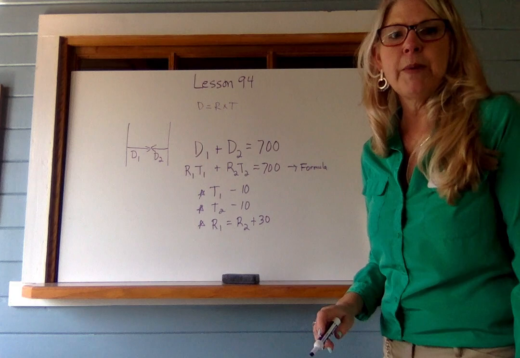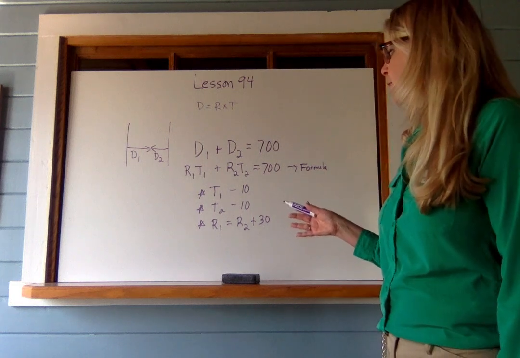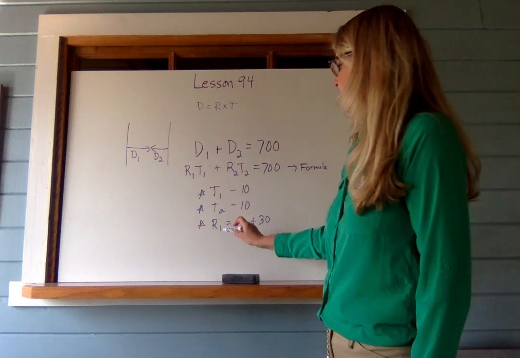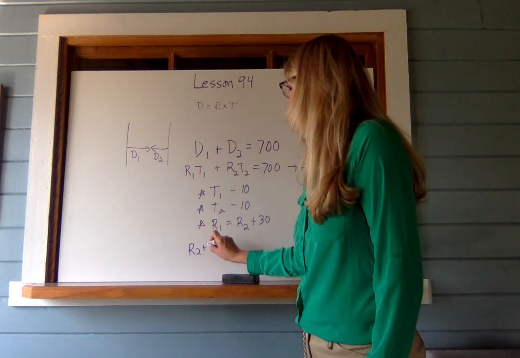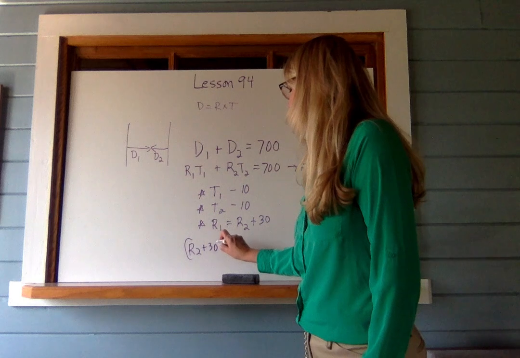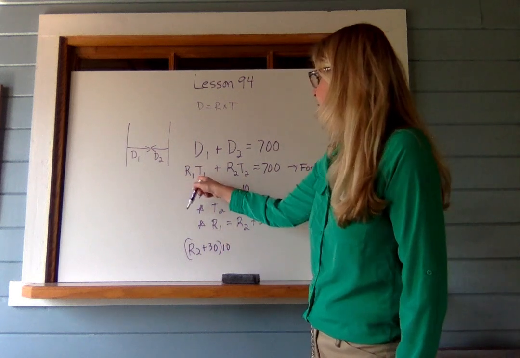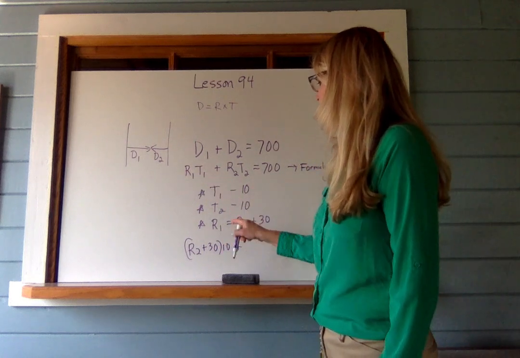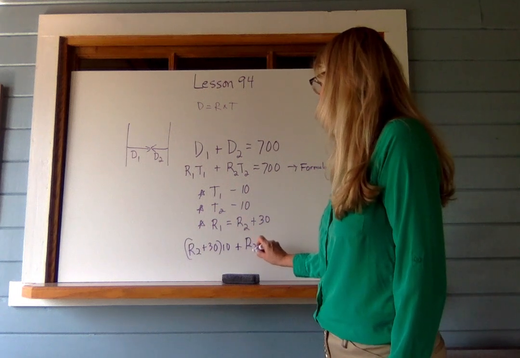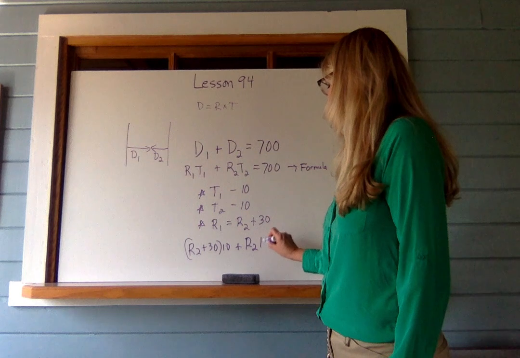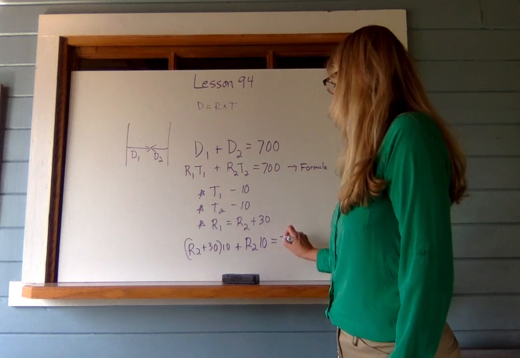Now we have all our 3 knowns and we can plug in. R1 is R2 plus 30, and of course we're going to do a distributive with our 10 for T1, plus R2, which we don't know, that's what we're solving for, and T2 is 10. That equals 700.